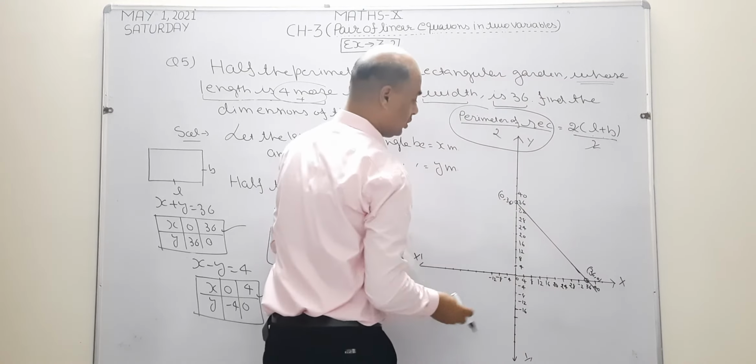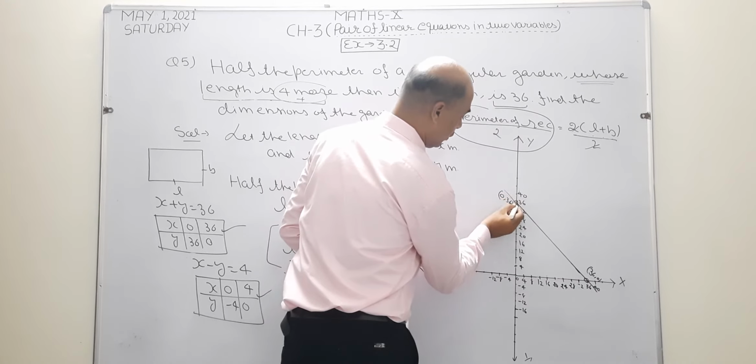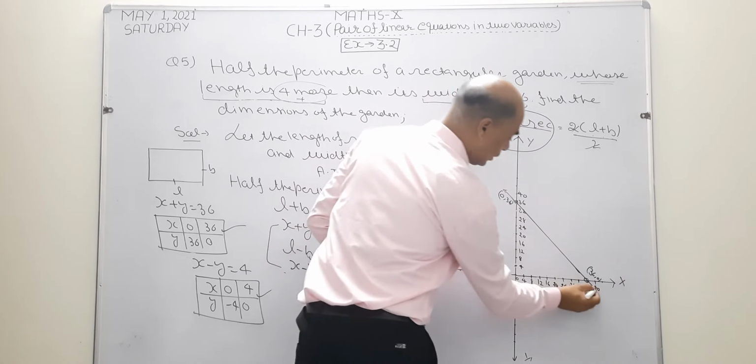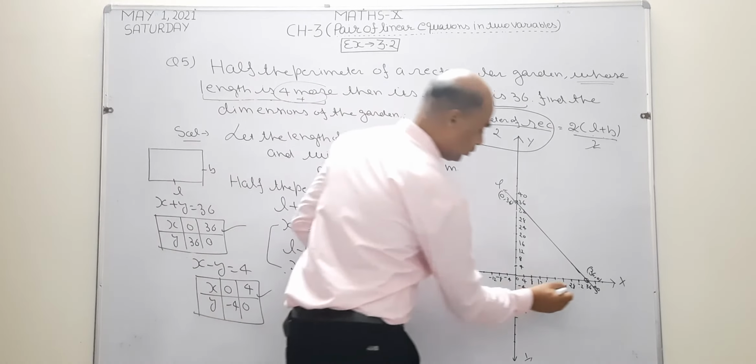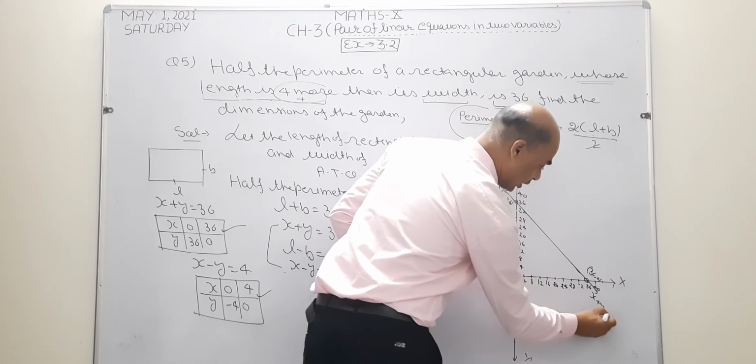Now, this is the graph line of our first equation. Name it N and write down the equation: x plus y equal to 36.